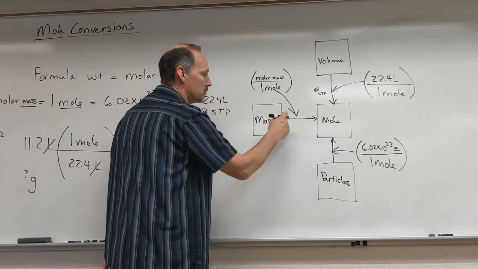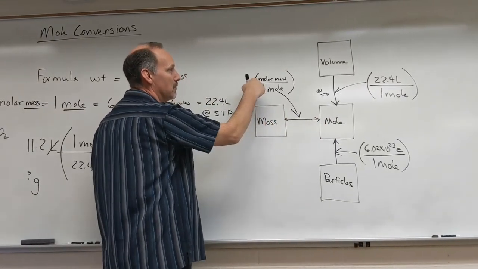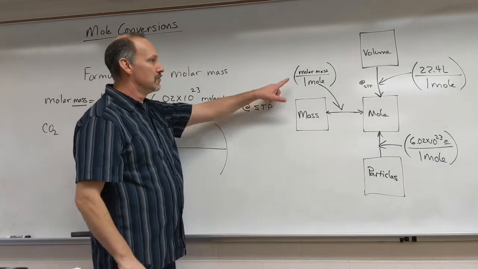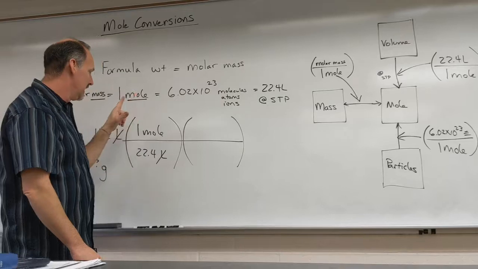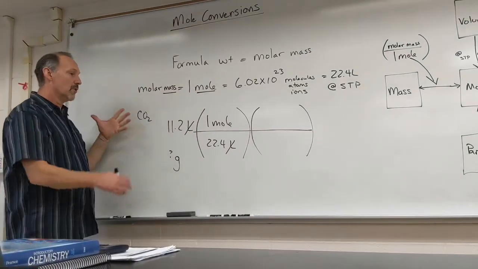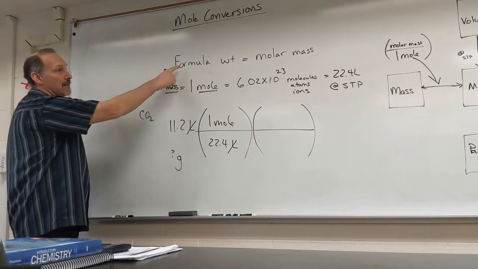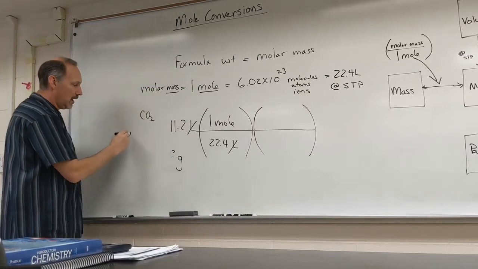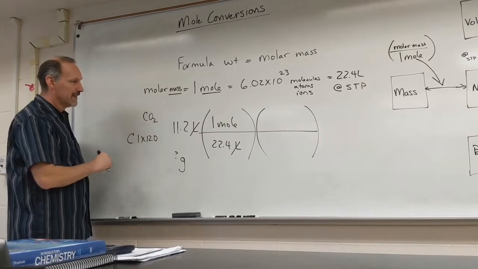I need to go from moles to mass. I would want mass on top, so molar mass goes on the top. As you notice, we don't have a number like these. That's because every formula has a different weight. So to figure out the formula weight, or molar mass, I've got to go back and figure out the weight of the formula. Carbon, since there's only one of them, weighs 12.0.